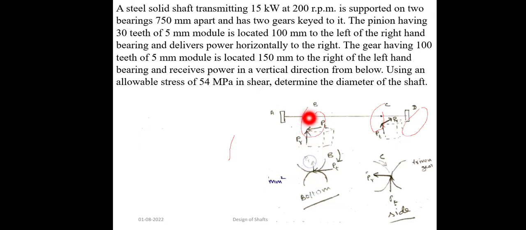Similarly, read the fifth line. The gear having 100 teeth of 5 mm module is located 150 mm to the right of the left hand bearing and receives power in a vertical direction from below. That means gear B receives power vertically from the bottom side.